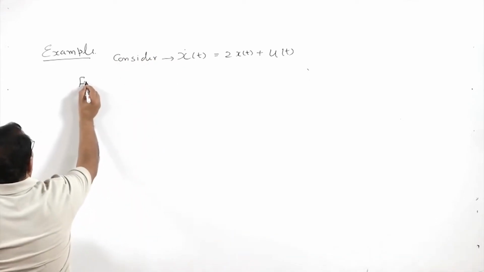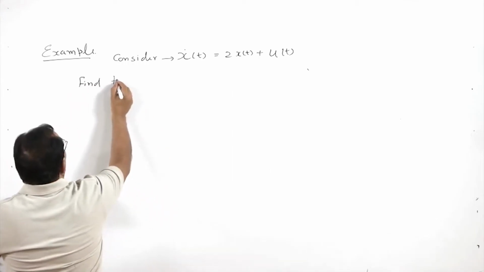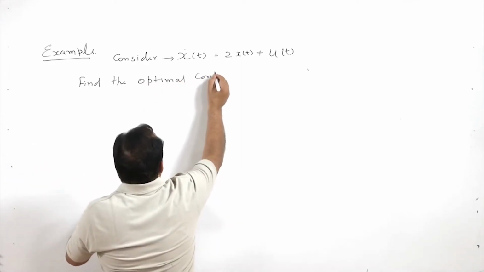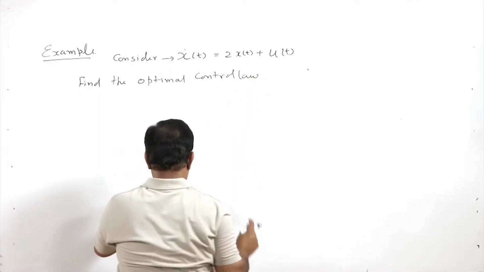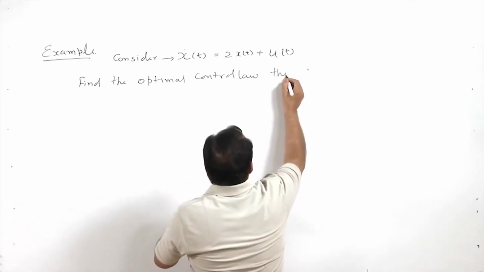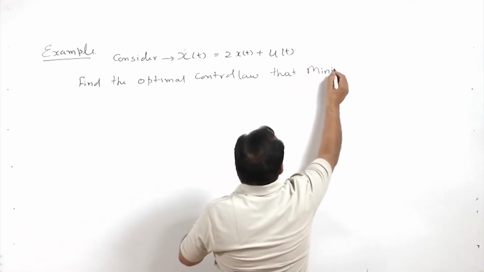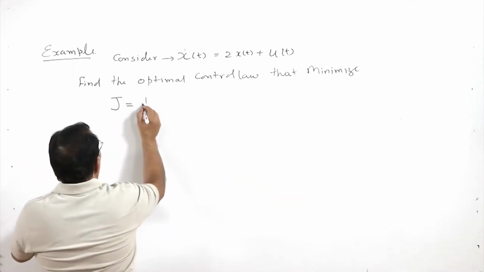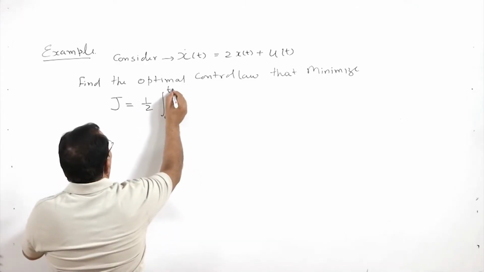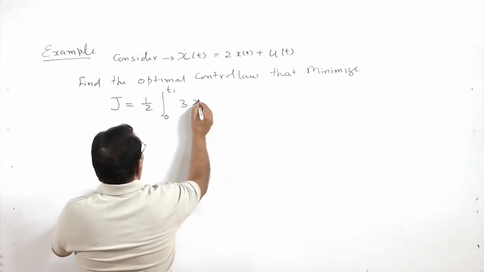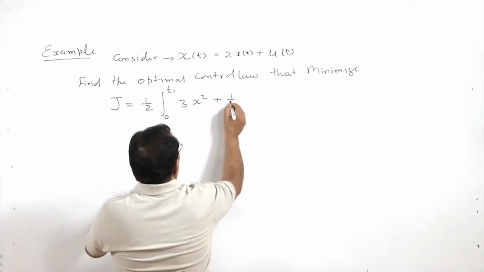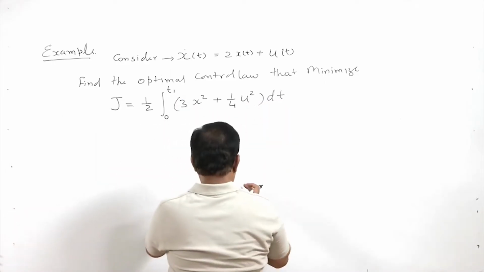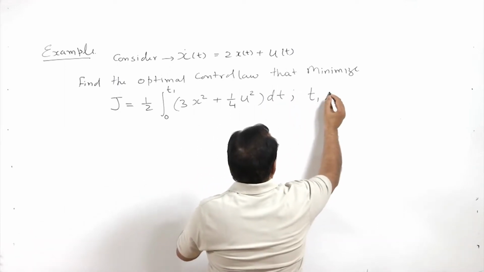My objective is to find the optimal control law that minimizes my J equal to the given performance index, and in this case my T1 is specified.